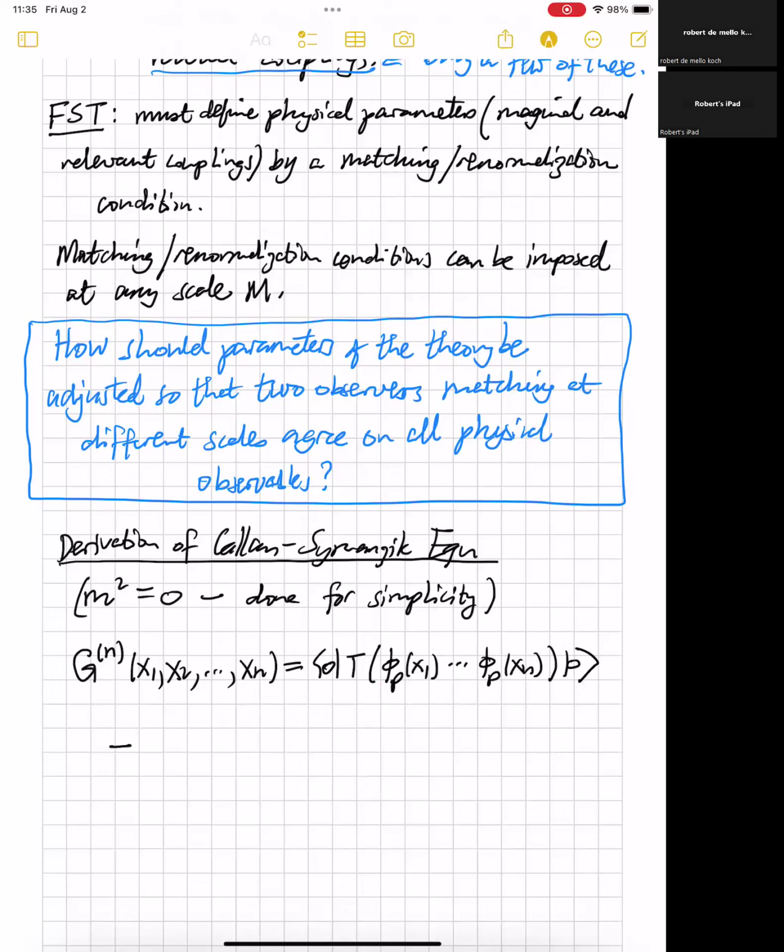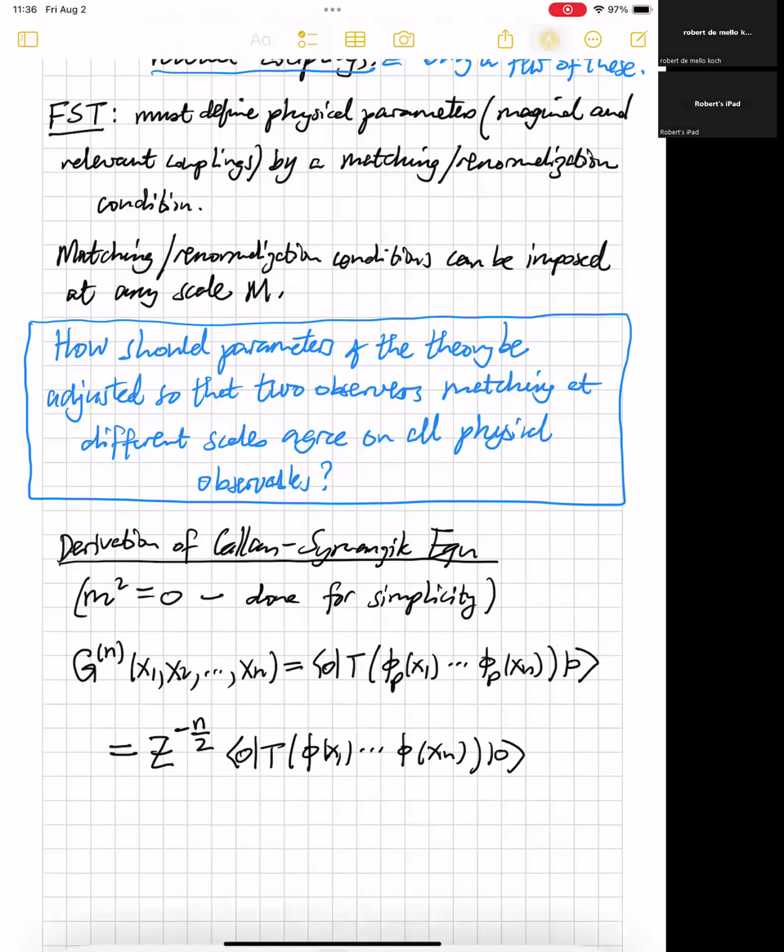And remember, we can write this as the wave function normalization, Z to the minus n over 2, and then we replace the physical fields by the bare fields. So the physical field would create a particle with probability 1.